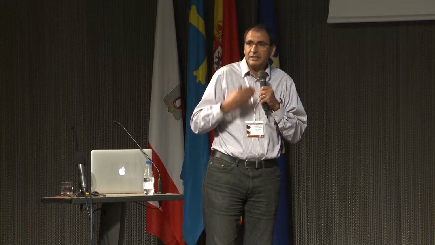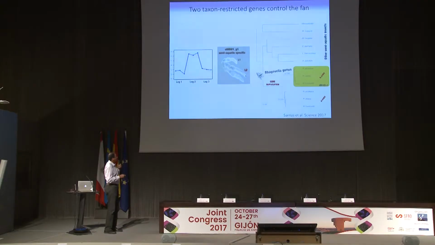They are very similar in sequence, and when we rebuilt the phylogeny using these sequences, we found that this sample of species, which are all also Gerromorpha, have only 1 copy of these 2 paralogs. And these are 3 species of the Rhagovelia genus. They all have fans, and they all have 2 copies of these 2 paralogs.